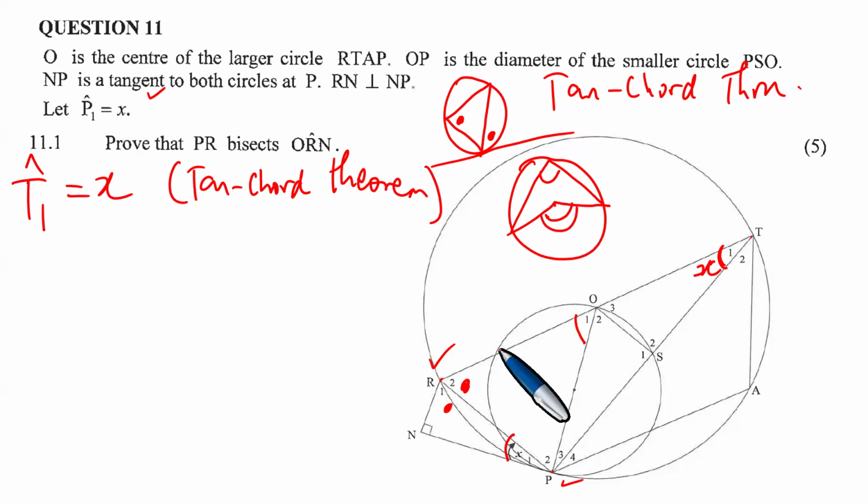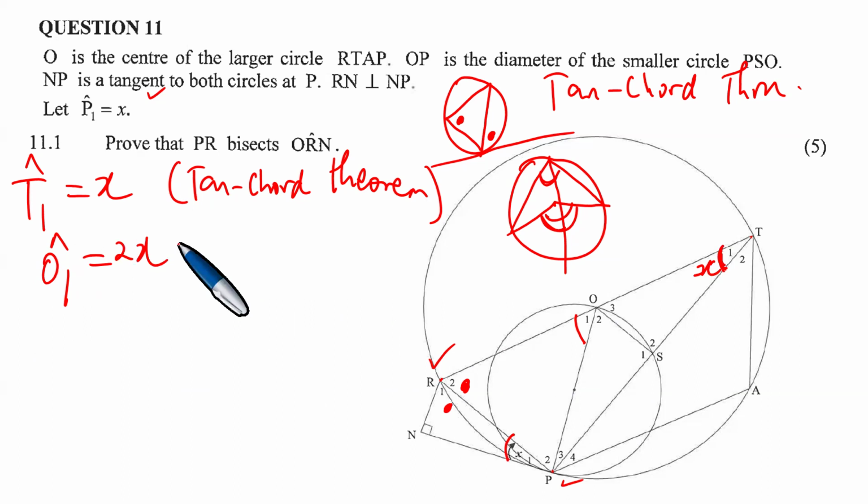It is bigger by a factor of 2. So angle O1 is equal to 2 times this angle X.